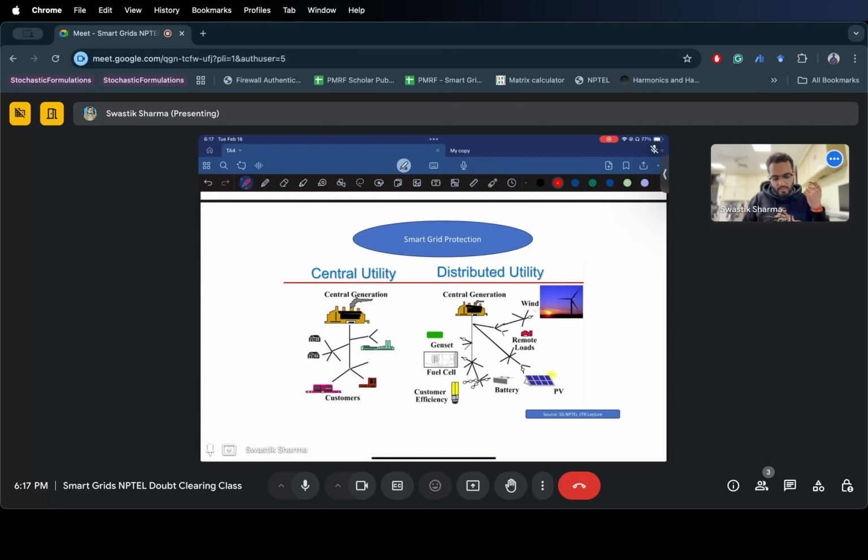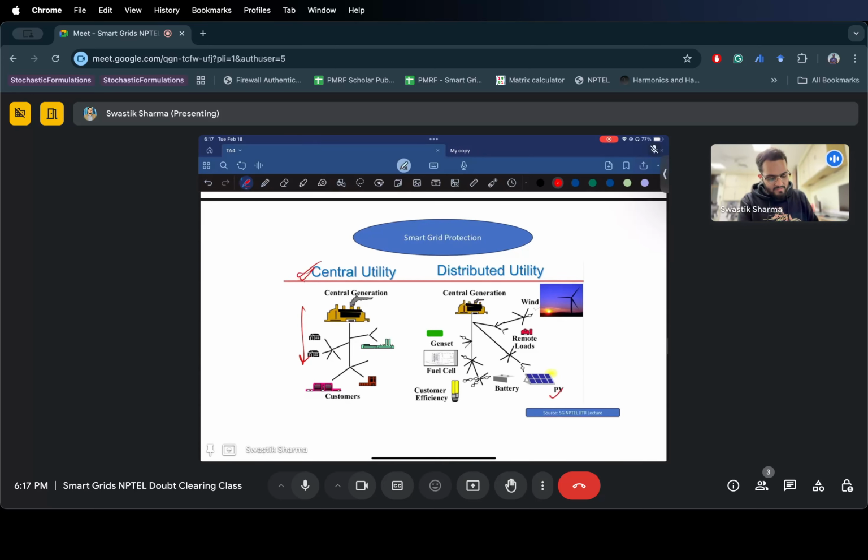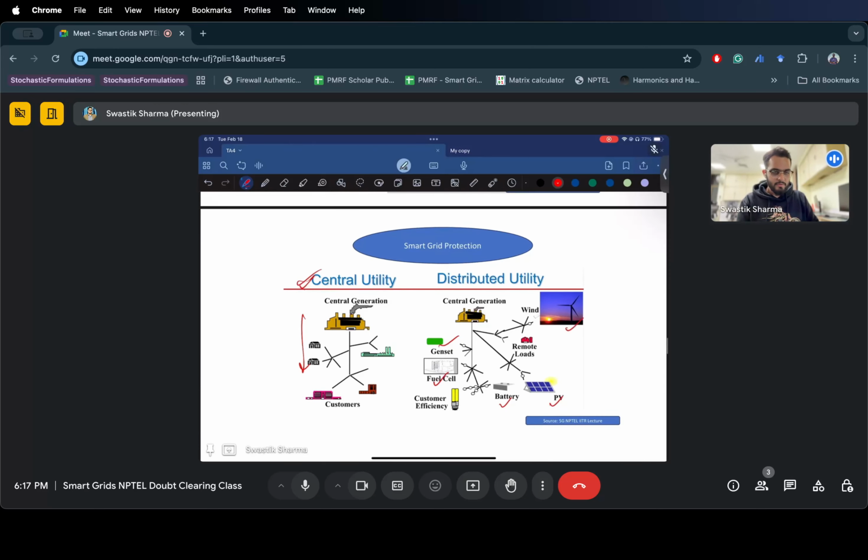And for that, you employ smarter protection systems as well, right? As we have already seen, your central utility, which functioned with a top to bottom approach, where the power flowed from top to bottom, has now shifted to a more distribution-reliant utility, where we have PVs, batteries, fuel cells, gensets, all connected alongside your central generation.